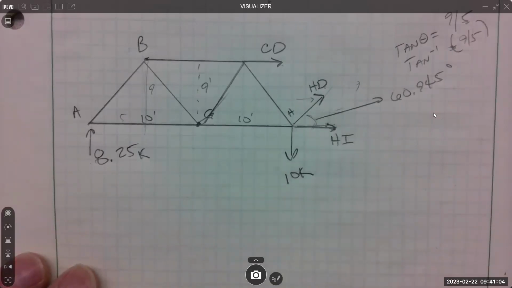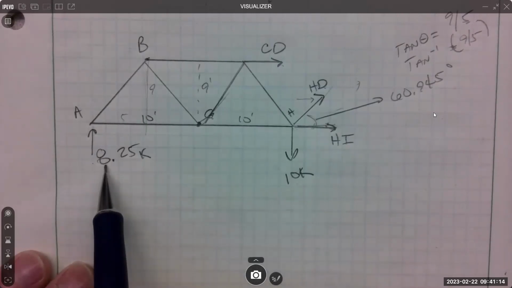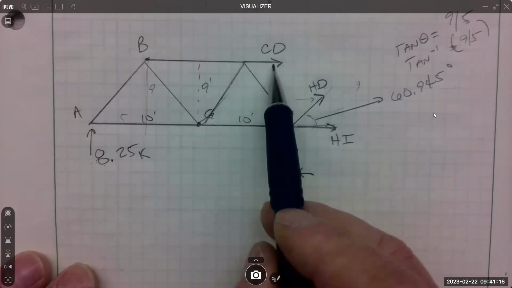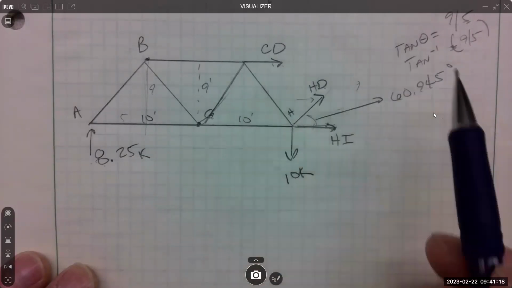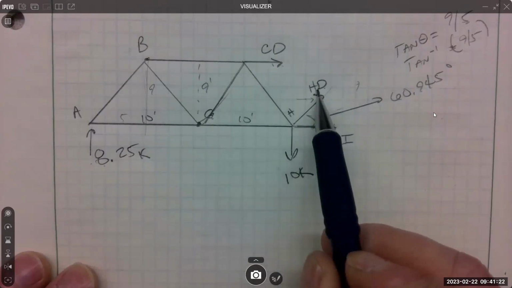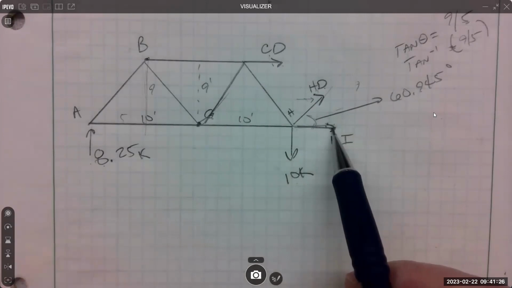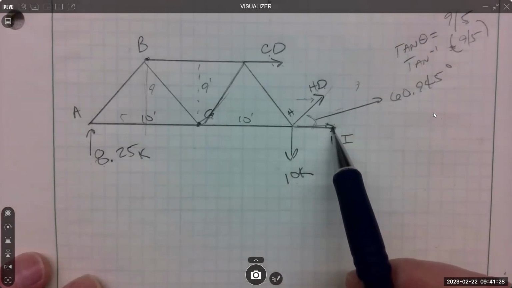What else? Anything else in the X? Is 10K in the X? Is 8.25 in the X? Is CD in the X? Yes. HI? Yes. And the component of HD? Yes. 1, 2, 3 unknowns in the X. Good luck with that. I'm not doing that.